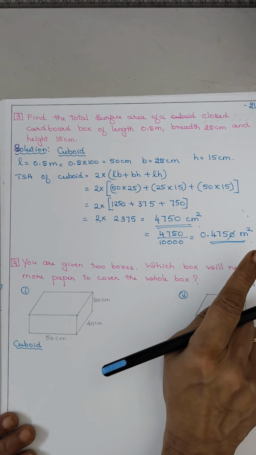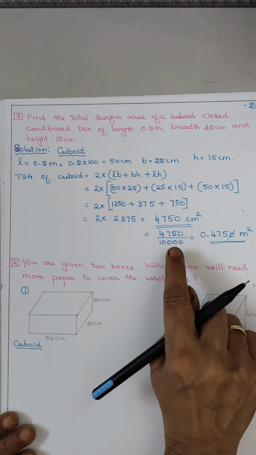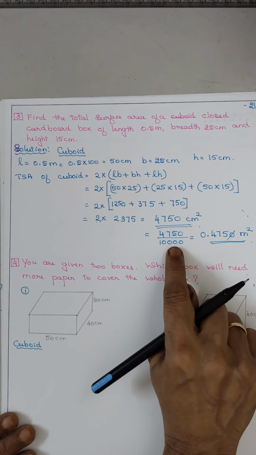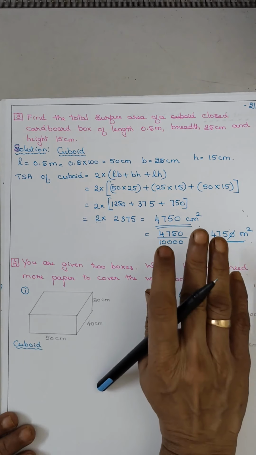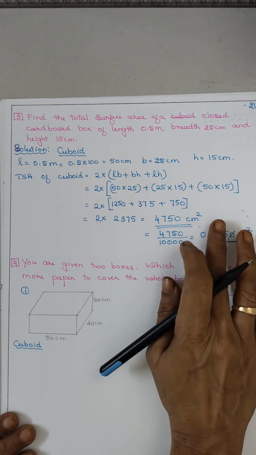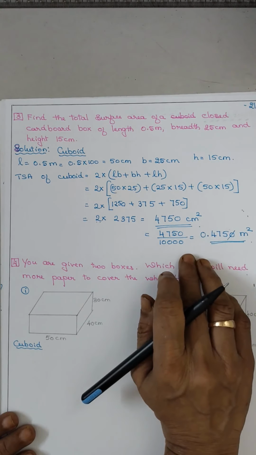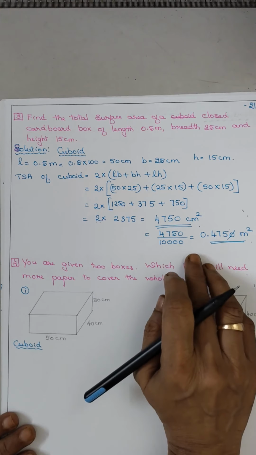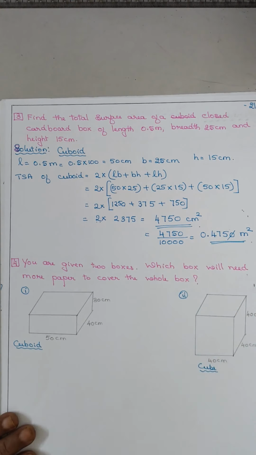Meter square to centimeter square, you have to multiply by 10,000. But centimeter to meter divide by 100, centimeter square to meter square divide by 10,000.